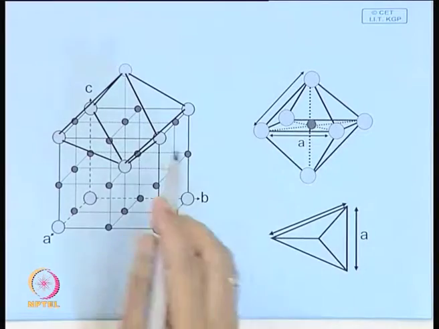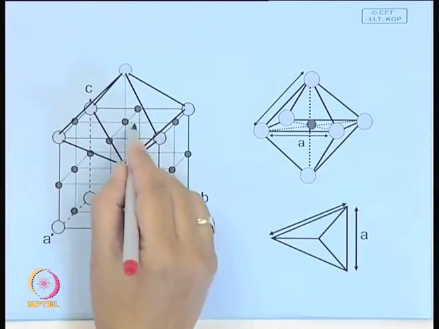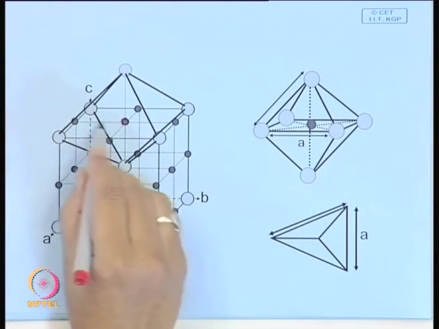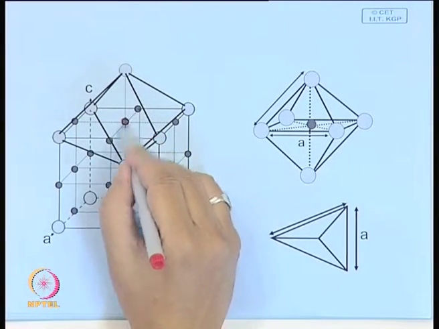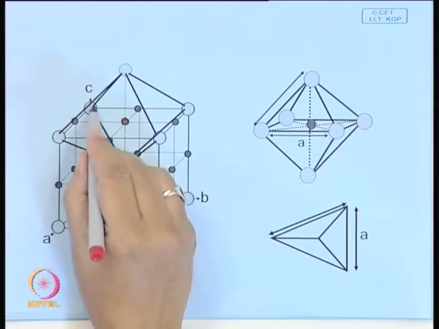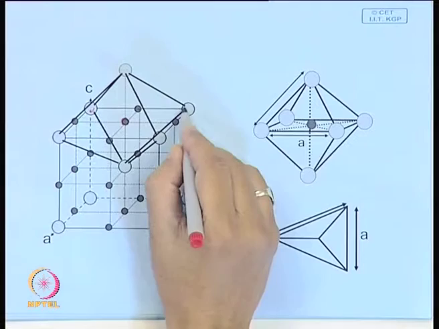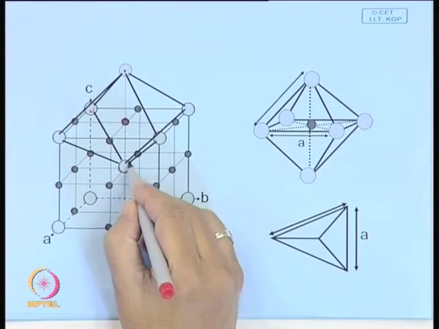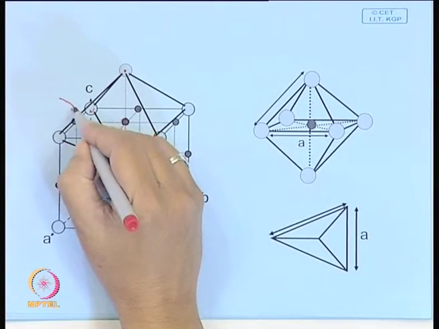Now, if you look at this diagram a little more carefully, the other site where you have an interstitial site is present at the center of the face and the center of the edges. If you join these atoms with this, and similarly one at the center of the cube, you get an octahedron.